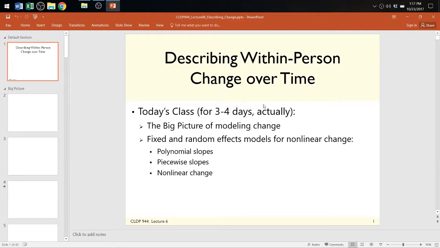But yes, if you're looking to approximate nonlinearity for just a few occasions, and you really don't care what's supposed to happen after the study's over or before, then these models are fine. If you want something theoretically more meaningful, this ain't it. But it's very, very common.